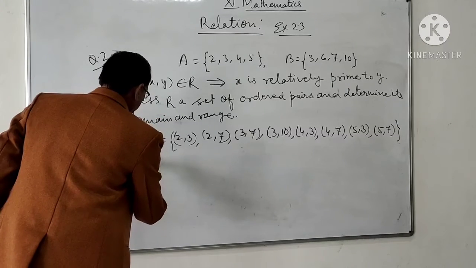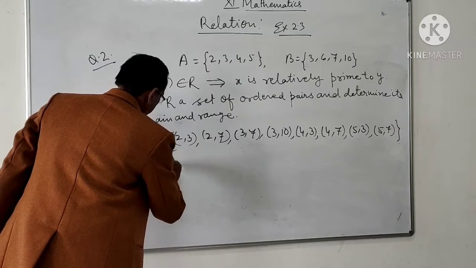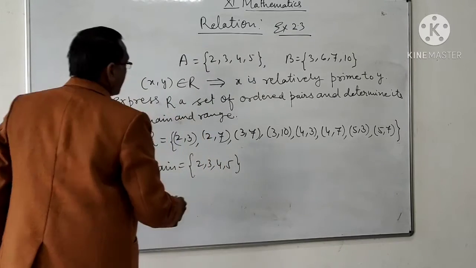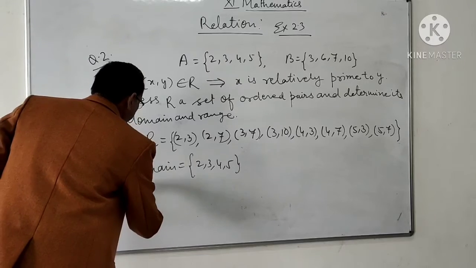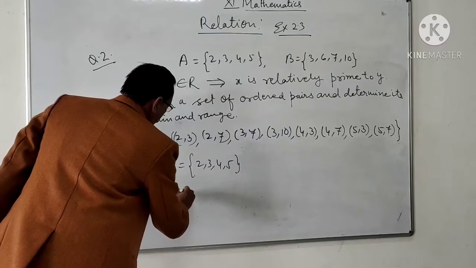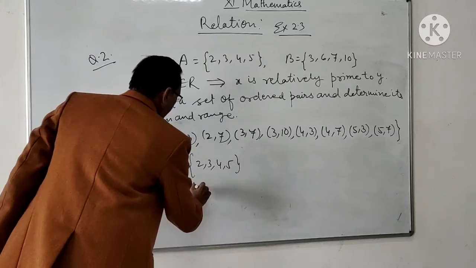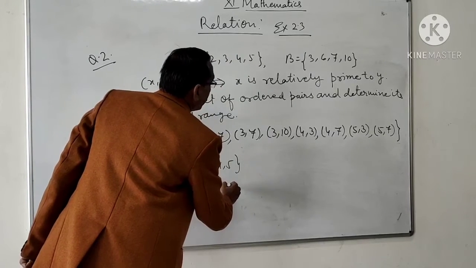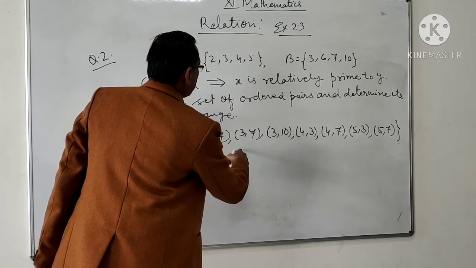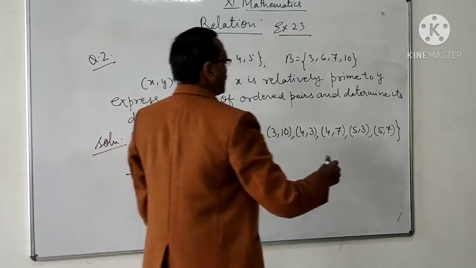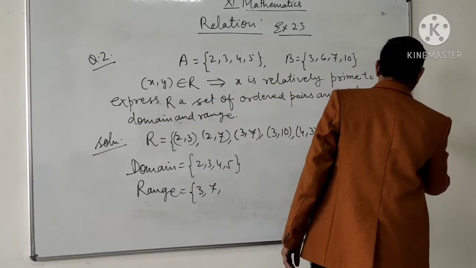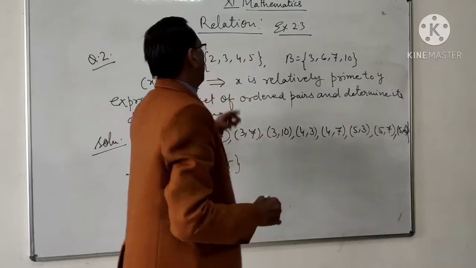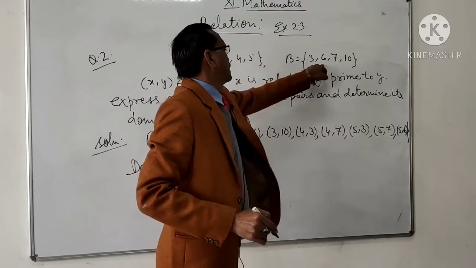Let us find domain equal to 2, 3, 4, 5. Then range equal to 3, 7, 10. 5, 6 is also one of the ordered pairs: 5, 3, 5, 6, 5, 7.